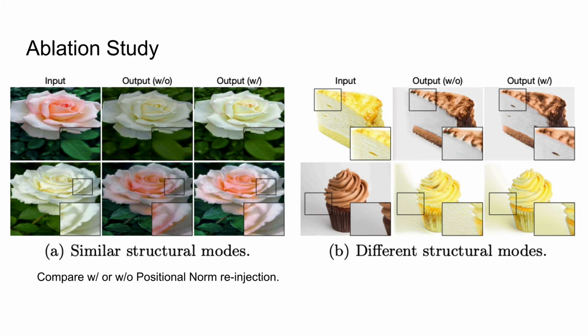In the figure, we show comparisons of similar structural modes and different structural modes, where the 2 inputs share similar or different structures. It could be noticed that positional norm reinjection effectively regularizes the model to preserve its original content and avoid obvious unclear regions, color distortion, and weird spots for a reasonable output.